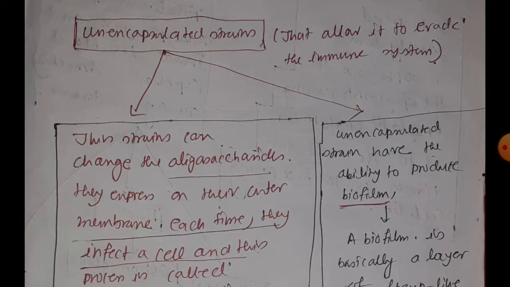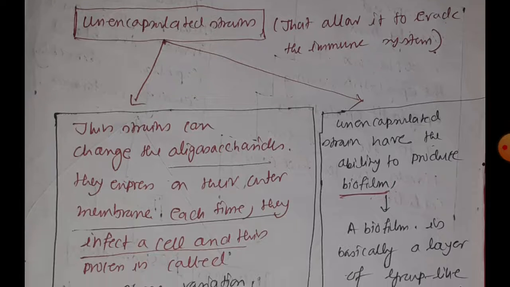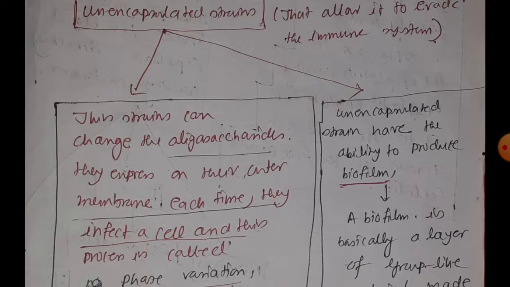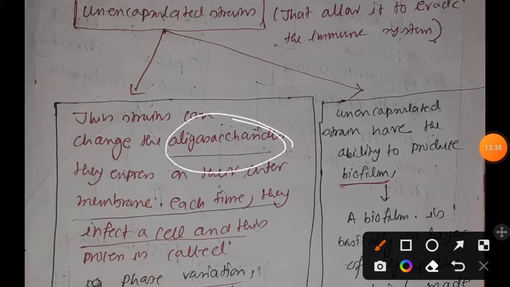Whenever that same strain comes again to infect the body, it cannot generate a specific and immediate immune response, because the oligosaccharide, which acts here as an antigenic agent, changes its makeup each time it infects a cell.